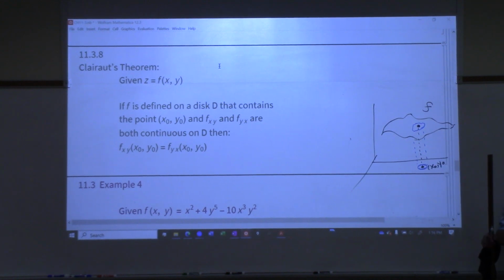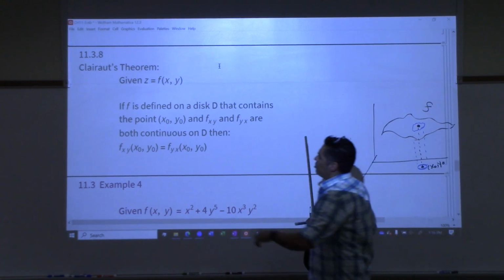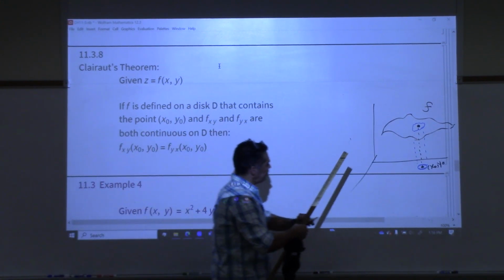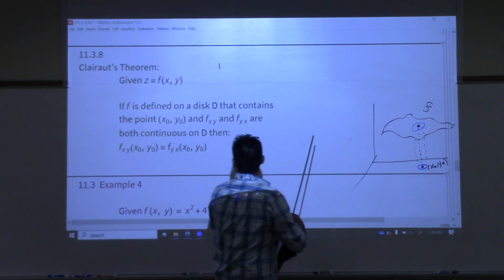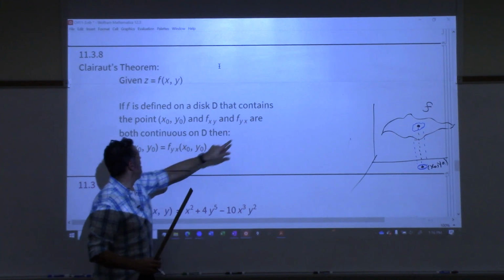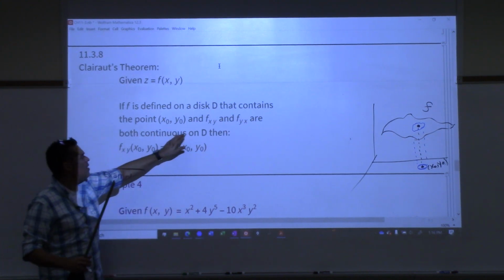It can be moving around like kind of wavy up there, all right? It's saying if our function is defined on some disk that contains the point x naught, y naught, and when you do these second partials, they're both continuous on that disk.